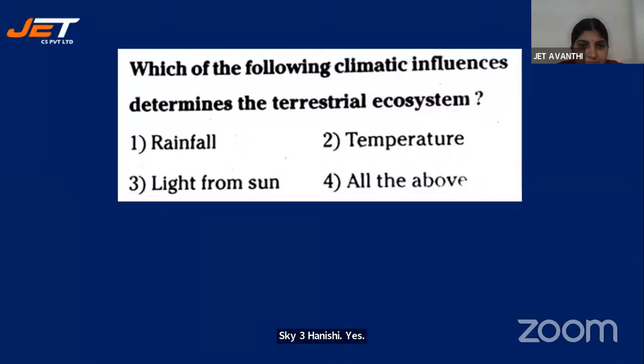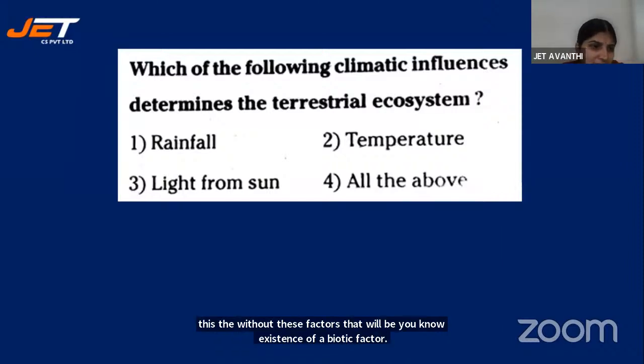Yes, you are giving the correct answer, children. It is 4. All of them are affecting or influencing the existence of life on the land. Without these factors, there will be no existence of biotic factors. So it will be 4. 4 is the correct answer.